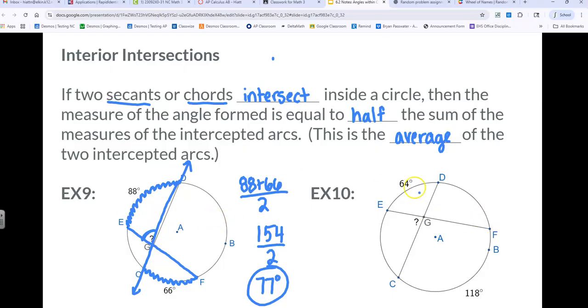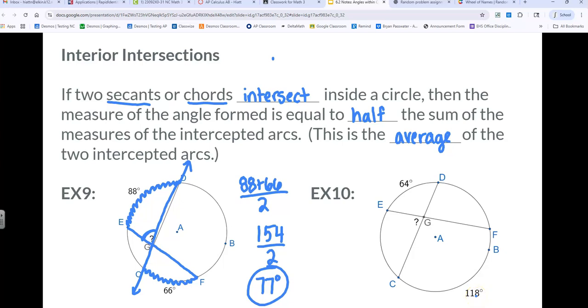So like, for example, on number 10, Carson, what's the lowest number you could possibly get for the answer, well, let's say it was asking us for this one here. Like, I can't get a number lower than 64, right? What's the biggest number it could be? 118. It's got to be in between because it's the average of those two.